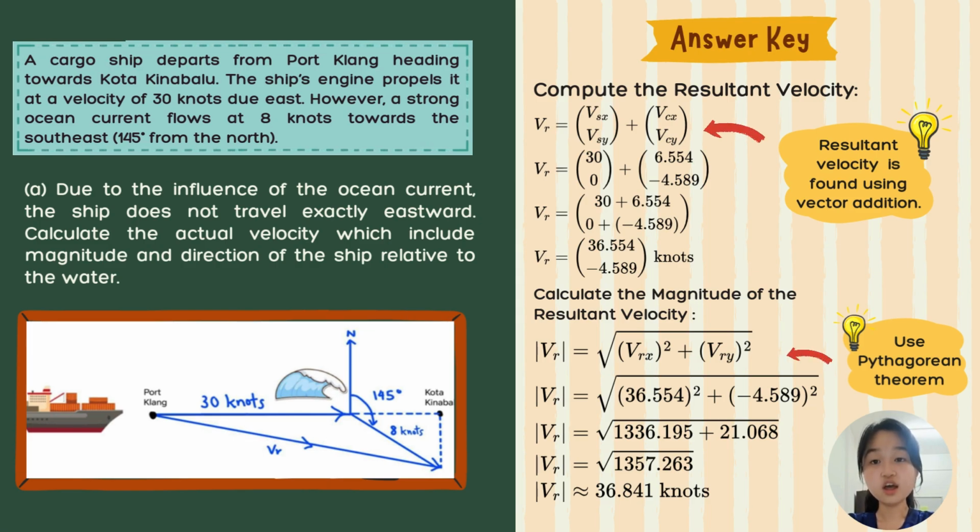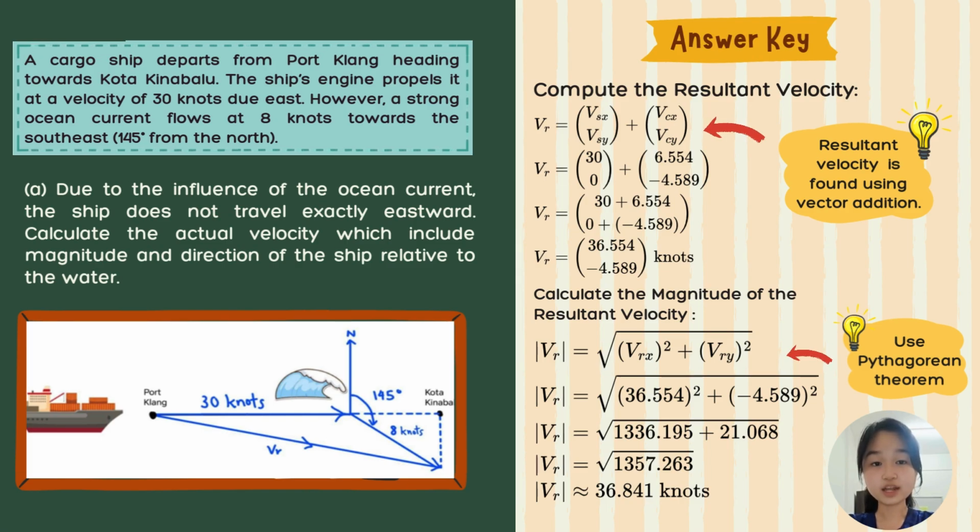Then, we compute the resultant velocity of the ship and water current. As we know, the velocity of the ship is 30 knots, and the velocity of the water current is (6.554, -4.589) knots. After we sum up everything, we get the resultant velocity, which is (36.554, -4.589) knots.